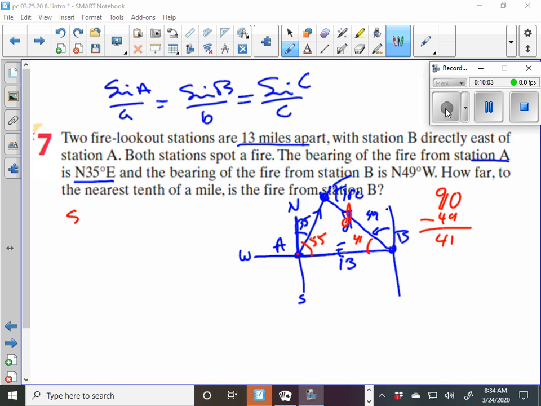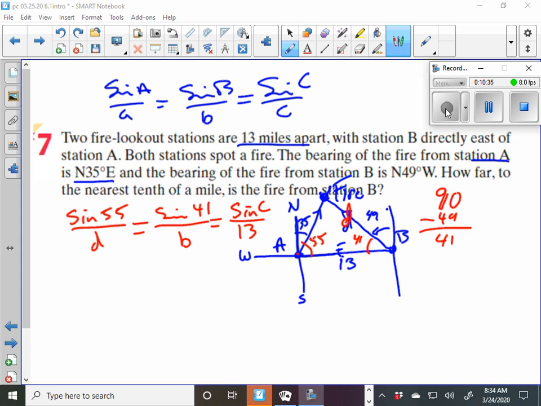So sine of 55 over D, we might have called that a, I just called it D for distance, equals sine of 41 over, we'll call it lowercase b, equals sine of C over 13.